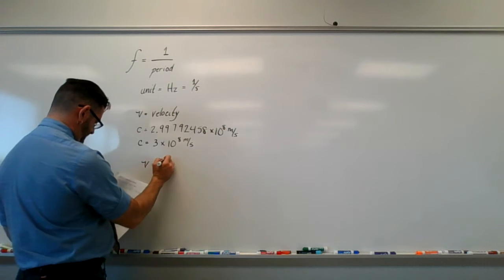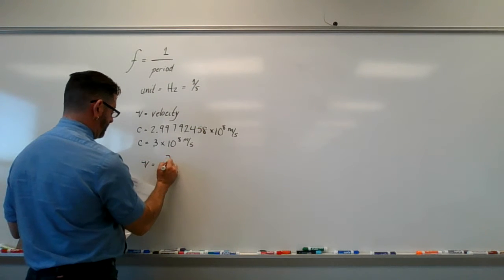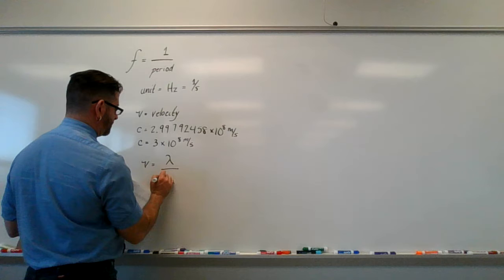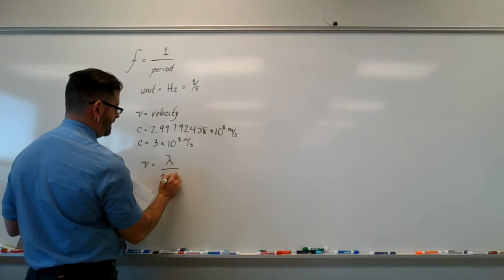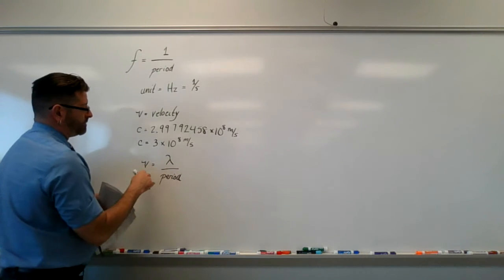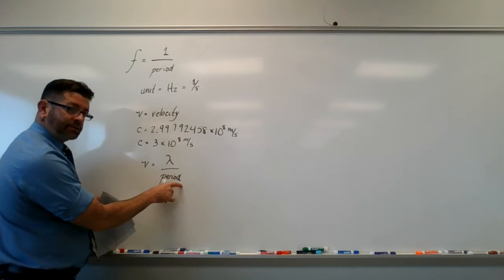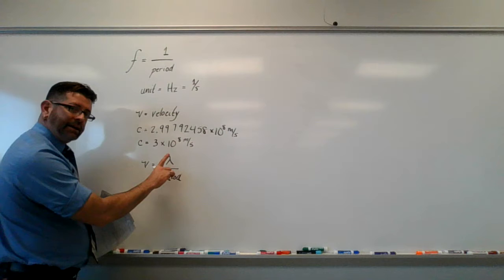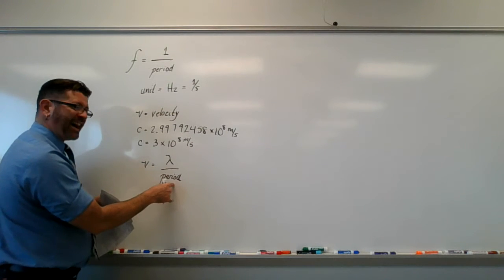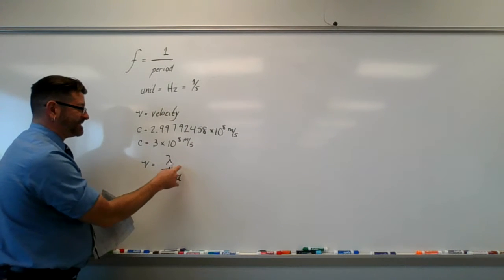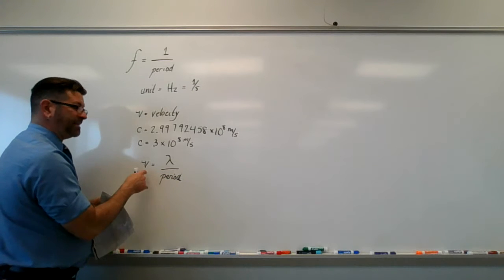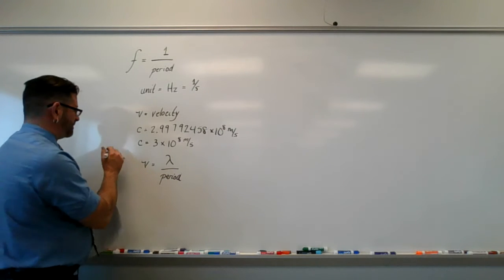is equal to lambda, or the wavelength, over the period. We're trying to find how fast a wave goes in so many seconds. So this is a speed. It's a distance over time. Remember that formula?